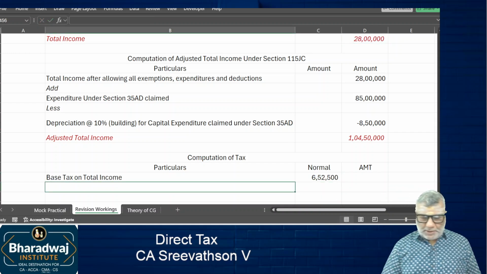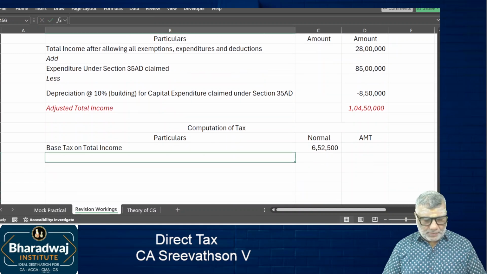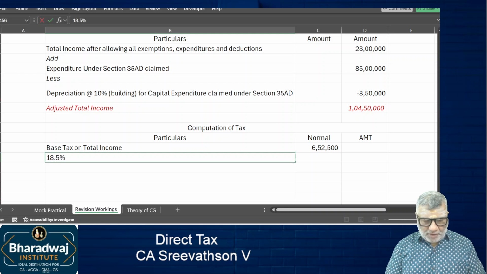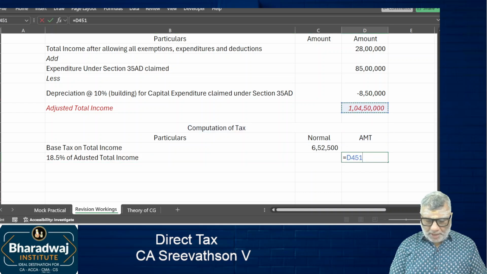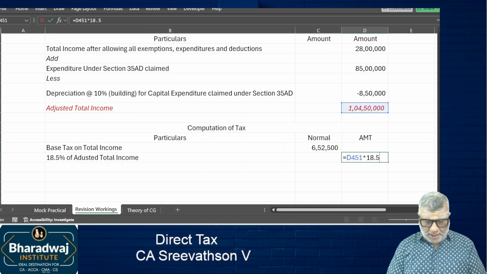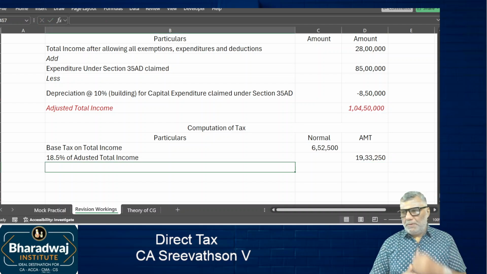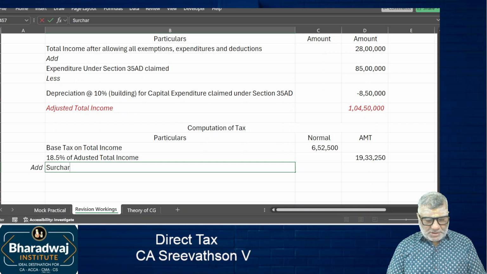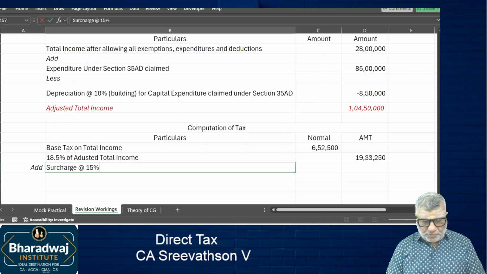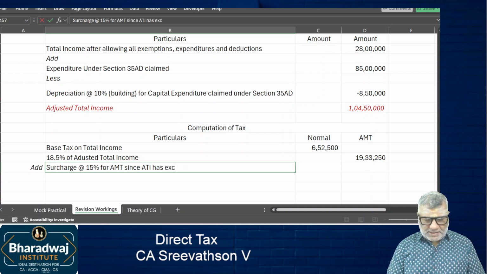Then 18.5% of adjusted total income: 1 crore 4,50,000 into 18.5%. And surcharge at the rate of 15% for AMT since ATI has exceeded 1 crore.